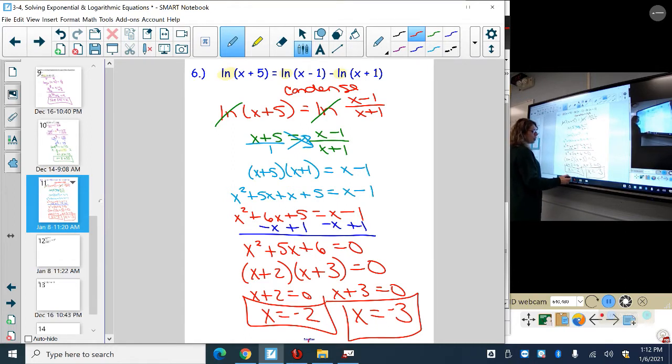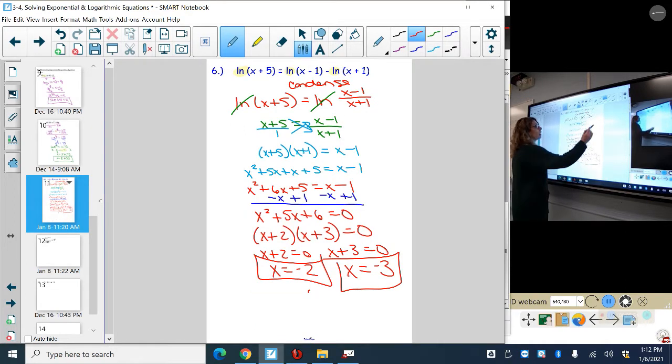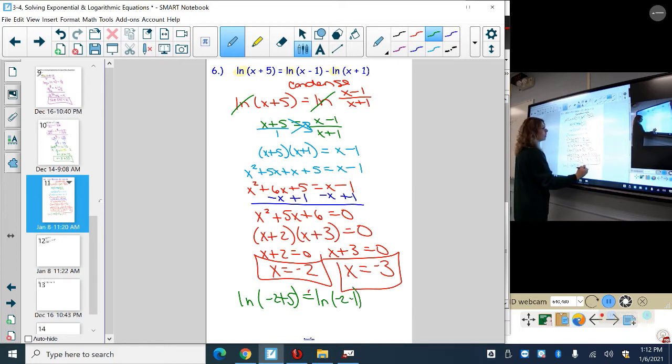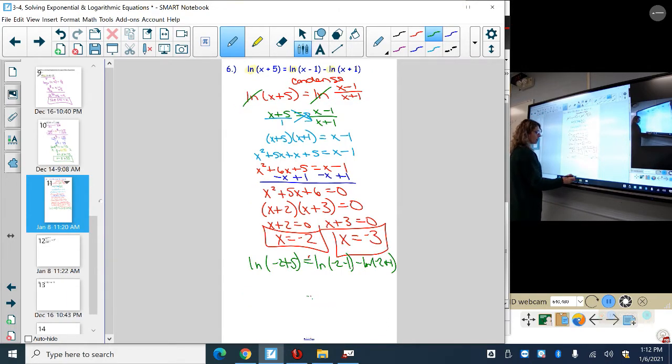So here's what I need your brain to understand. If I were to plug in a -2 here, I'd have the natural log of -2 plus 5 is equal to the natural log of -2 minus 1 minus the natural log of -2 plus 1. And my board's getting smaller and smaller to see here. So the natural log of 3, well, that seems possible. I'm okay with that.